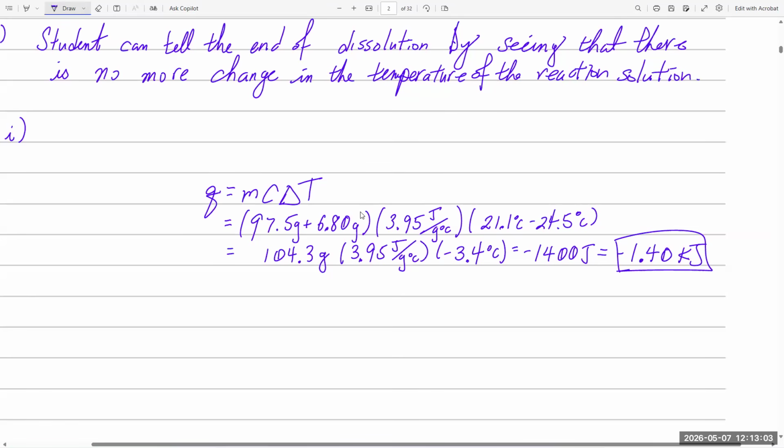Therefore, equivalent 6.80 grams will give us a smaller number of moles of rubidium chloride than moles of KCl.